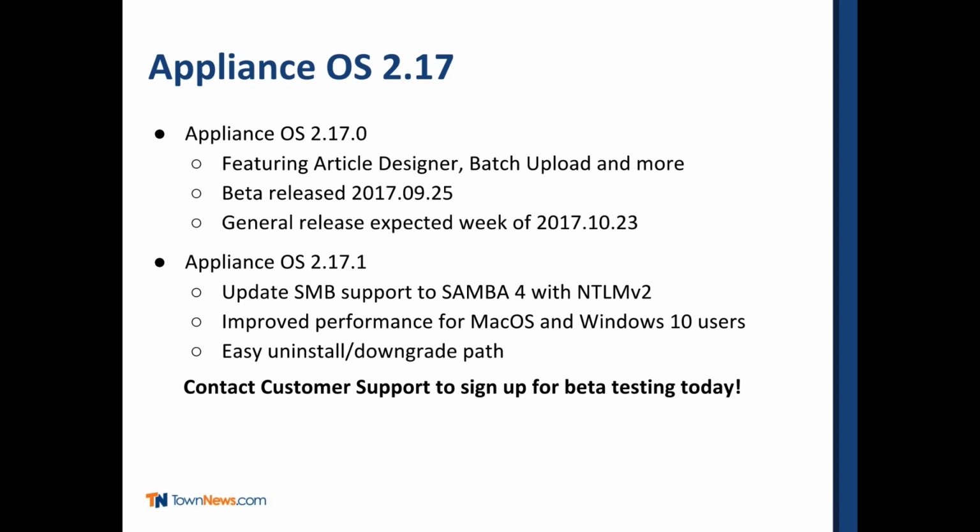Pretty much until that point, every time that you update, there's really no turning back. So finally, with this next one, 2.17.1, we should get some important increases in performance, and there will finally be an easy way to downgrade.